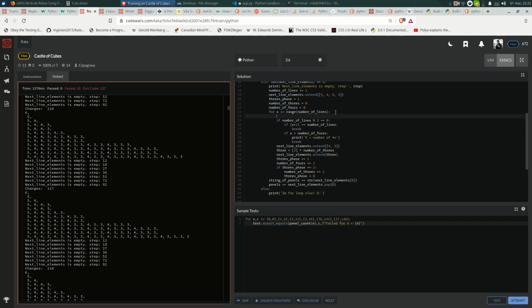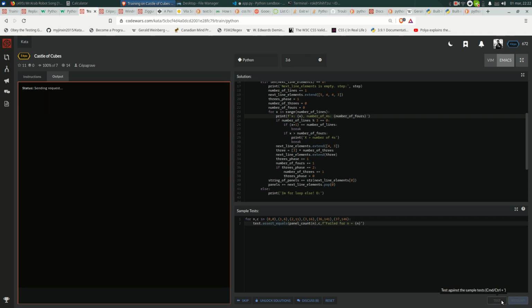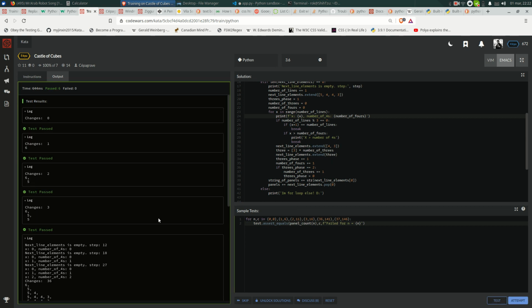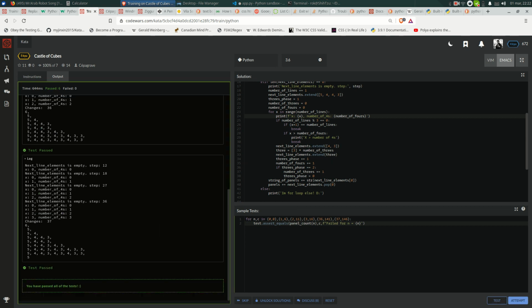So let's say like print f "x is number of fours is number of fours". Of course, this is all gonna be green. 1, 2, 3.